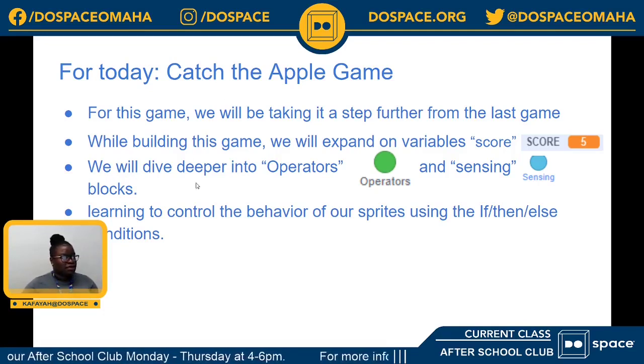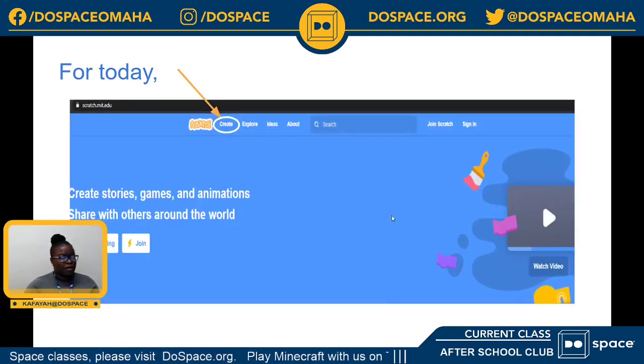We would also dive deeper into the operators and the sensing blocks. And lastly, we would learn to control the behavior of our sprites using the if, then, and else conditions, which is a very popular programming term. So, without further ado, let's get started.